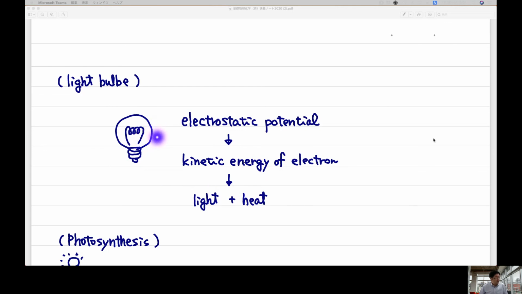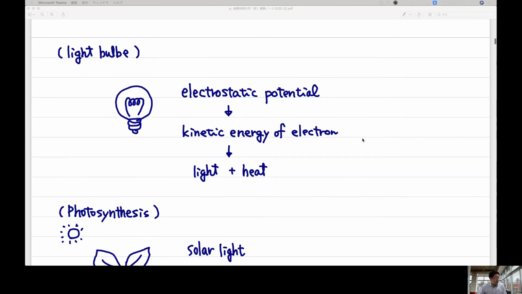So this is important for the energy conservation law. The potential energy is transformed to kinetic energy, and the kinetic energy is transformed to light energy and heat energy. The expression of the energy is different, but the total energy is always the same, okay?